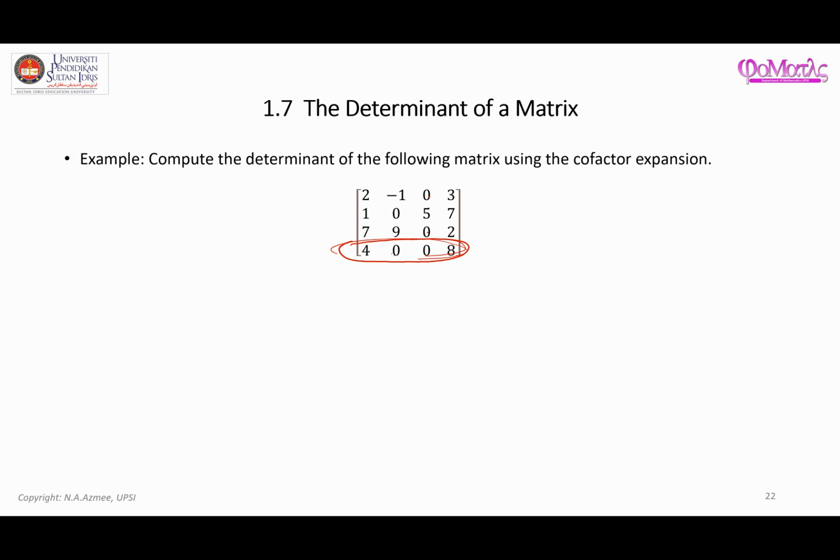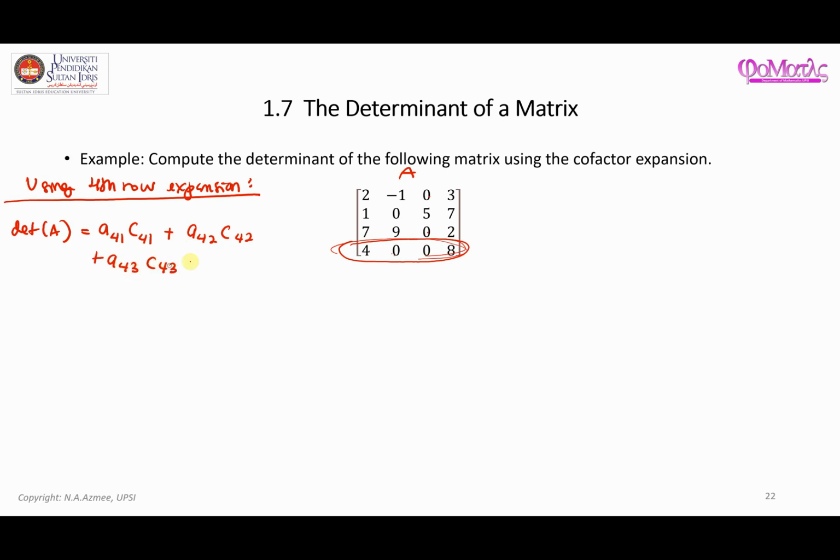Okay, right, so using fourth row expansion. The determinant of this matrix, I'm just going to call this matrix A. The determinant of A can be obtained if you consider this position here is a41, so C41, plus a42 C42, plus a43 C43, plus a44 C44.